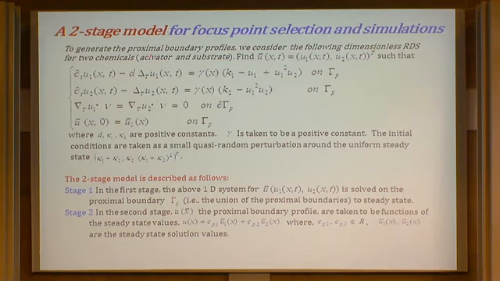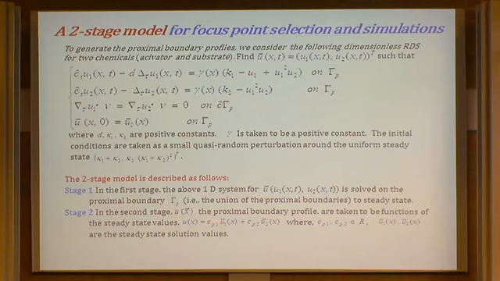And the two-stage model is as follows. The first stage: a one-dimensional system is solved on the proximal boundary, gamma p, which is a union of proximal boundaries, to steady state.